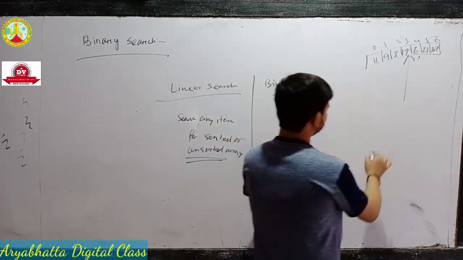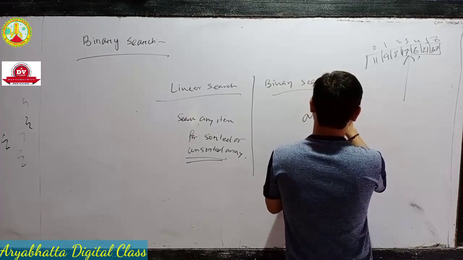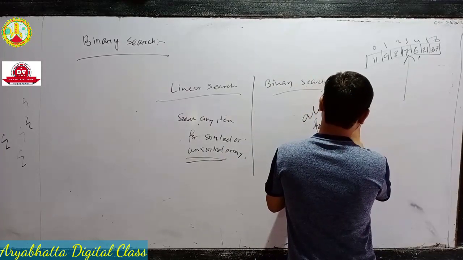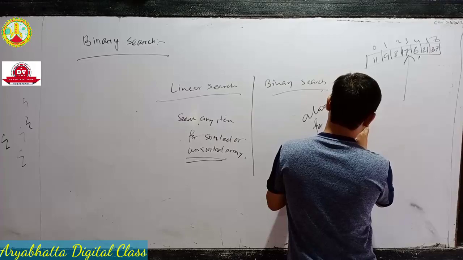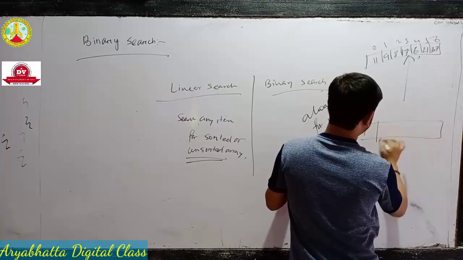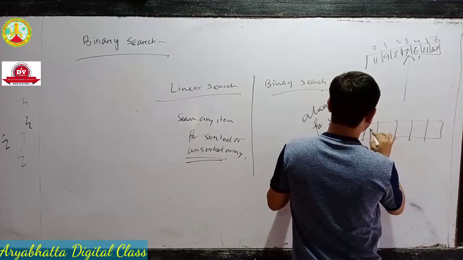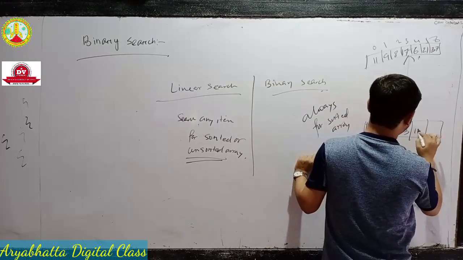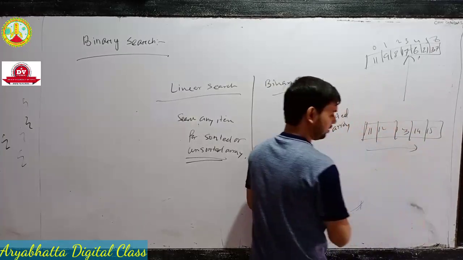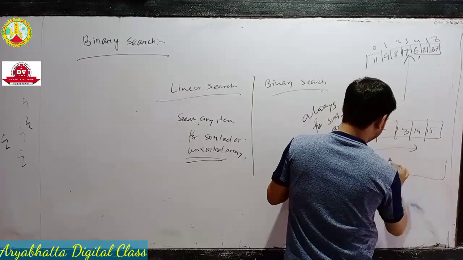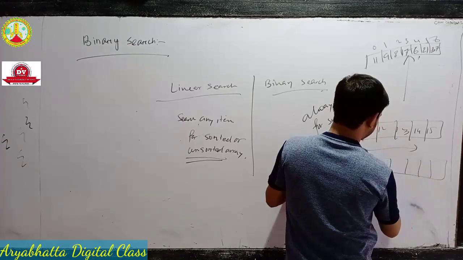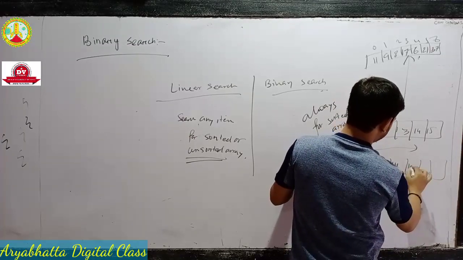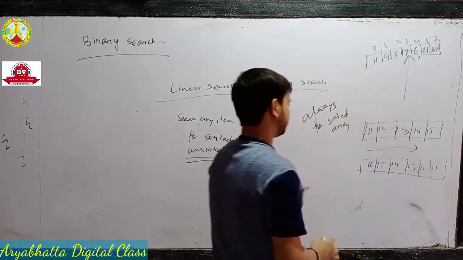Binary search is always for a sorted array. Your array will be like 11, 12, 13, 14, 15 in ascending order, or 16, 15, 14, 13, 12 in descending order.